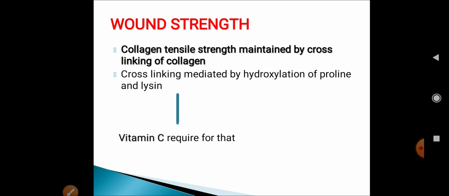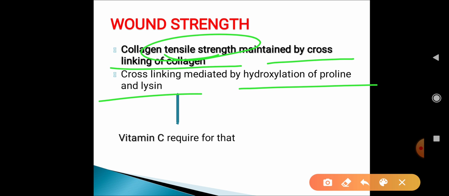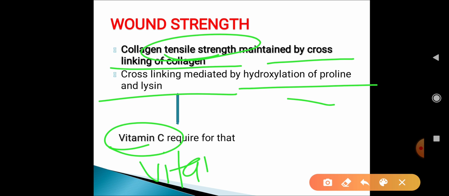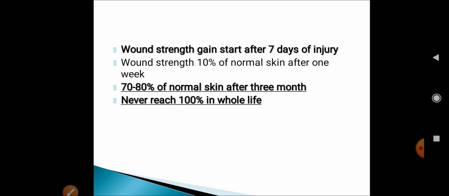The tensile strength of collagen is mediated by cross linking of the collagen, and such cross linking is mediated by the hydroxylation of proline and lysine residues, and for that you need vitamin C. That's why if you are taking vitamin C, then wound healing can be faster, right? It can provide you the tensile strength immediately. So vitamin C is helpful in acquiring the tensile strength.